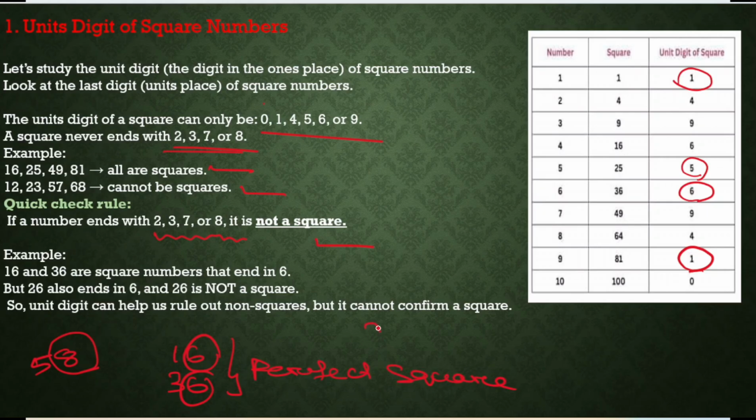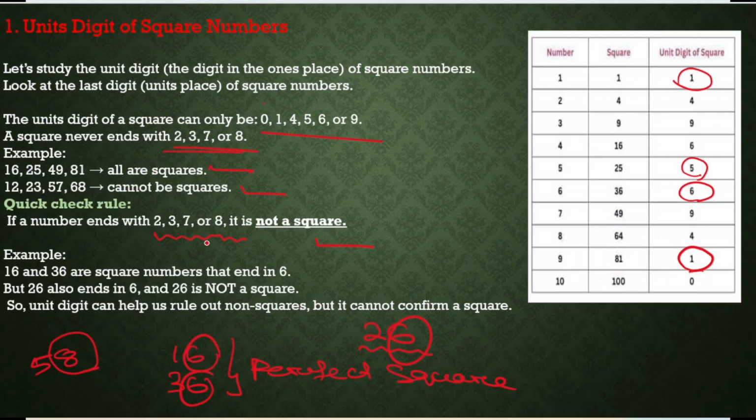But a question, 26. Okay, is 26 a perfect square or not? Obviously no. Why? 4 square is 16, 5 square is 25 and 6 square is 36. So 26 is in between 25 and 36. So 26 is not a perfect square, but here the unit place is 6. According to the rule, one whose unit place is 6 is a perfect square?